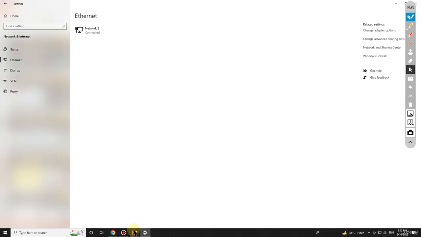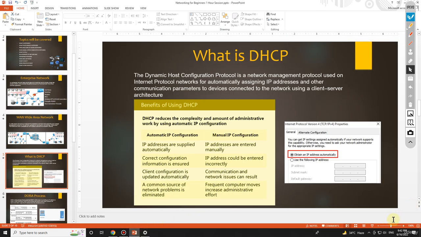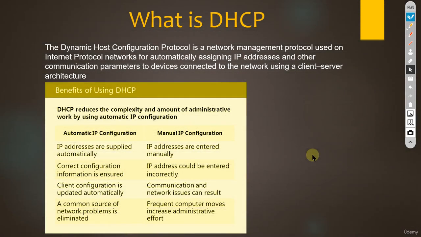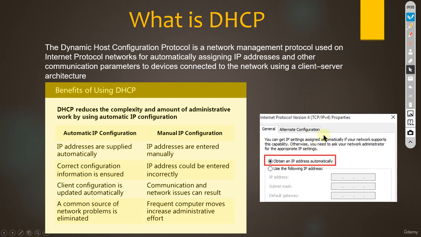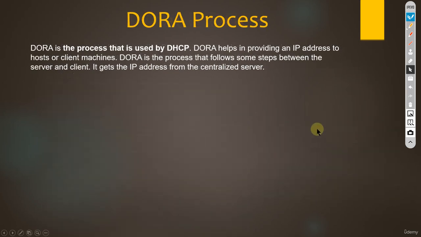So let's get back to our slide. I have shown you the diagram or the picture here, which I just demonstrated. So let's head over to the next slide, which is talking about the DORA process. We assume that we have one server, one machine that is handing over IP to us.